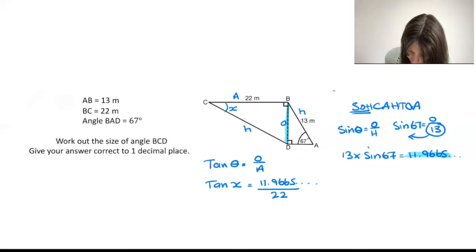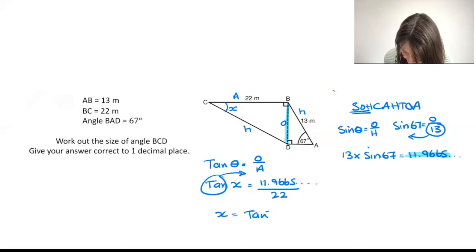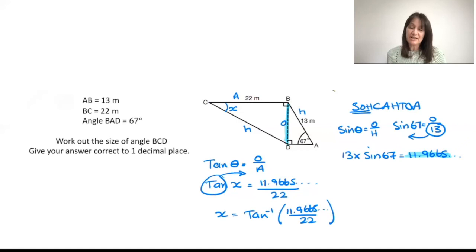So if I want to know what X is, I've got to get it on its own. So X is going to be tan minus 1 of 11.9665 divided by 22. Now, if you want to use it with it being already on your display, you'll divide by 22 first, and then you'll do your tan minus 1 and put that answer in.